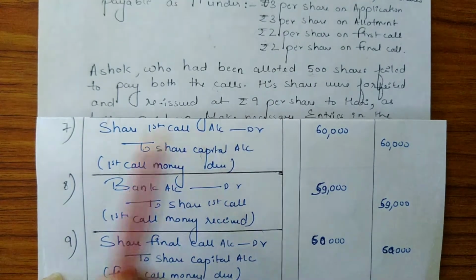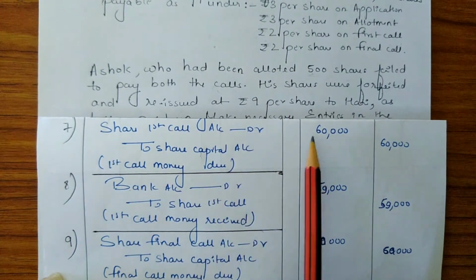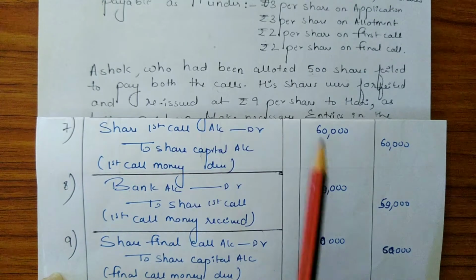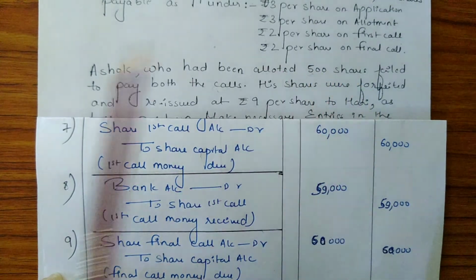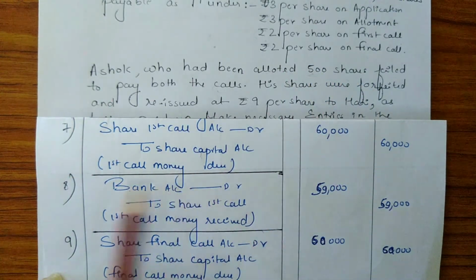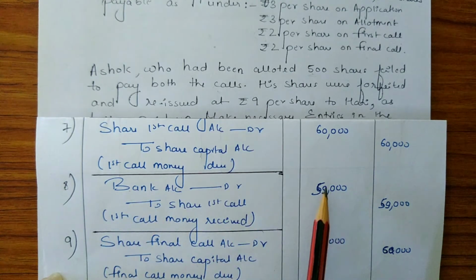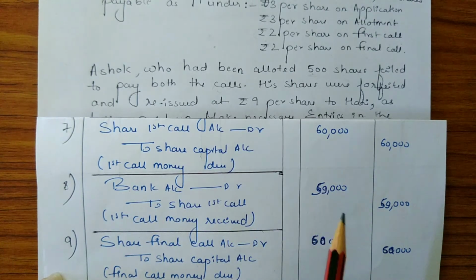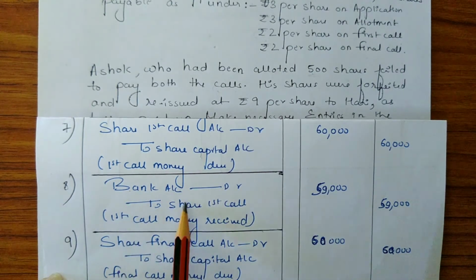So the total amount which was due on first call was 60,000, out of which 1000 has not been paid by Ashok. So the amount which will be received on first call money is 60,000 minus 1000, that is 59,000, and the entry will be bank account debit to share first call.